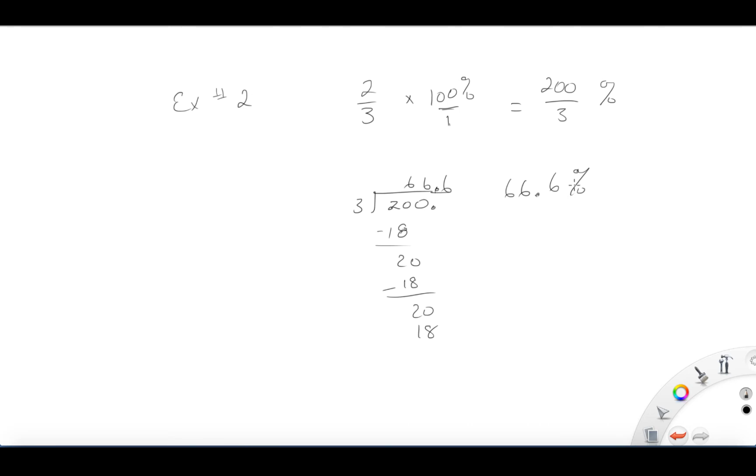In your textbook, they recognize and show that 66.6 is equivalent to the fraction 2/3. If it was 66.3, it would be the equivalent of 1/3. So we could say 66.6% or 66 and 2/3%. That's how we come up with our answer.